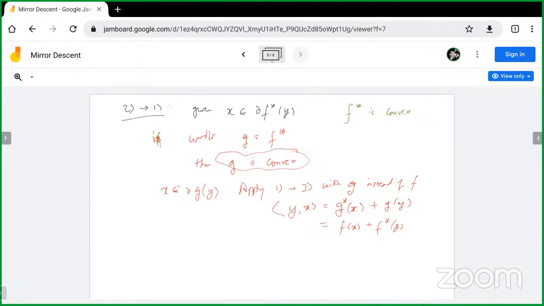And now you just repeat the previous argument. It could happen that you started with a non-convex function, and for some points the subgradient doesn't exist.